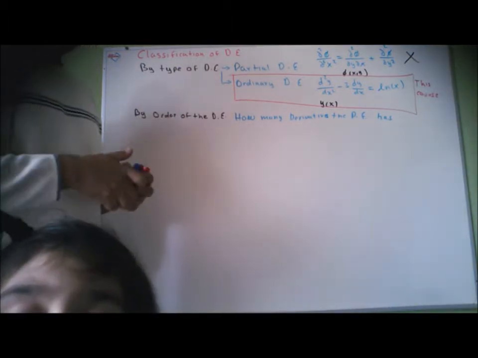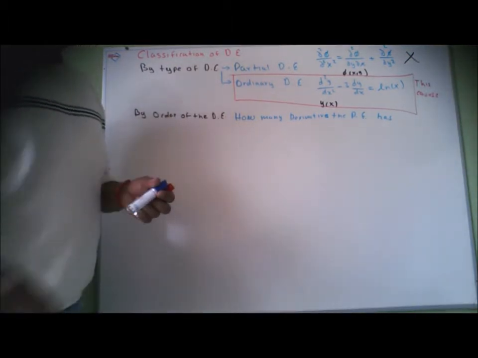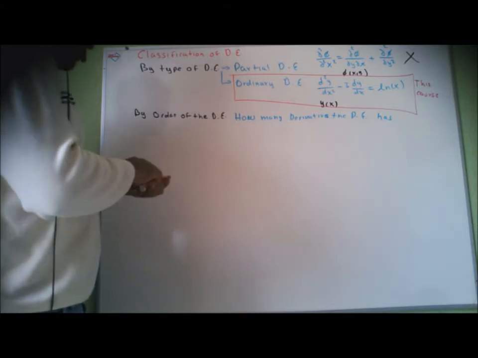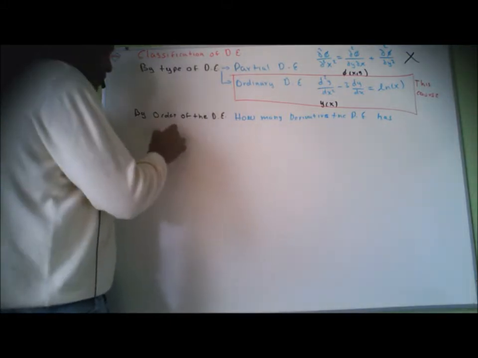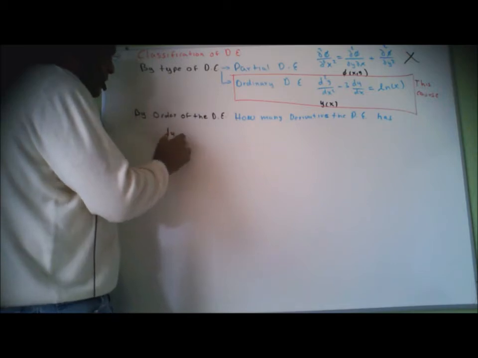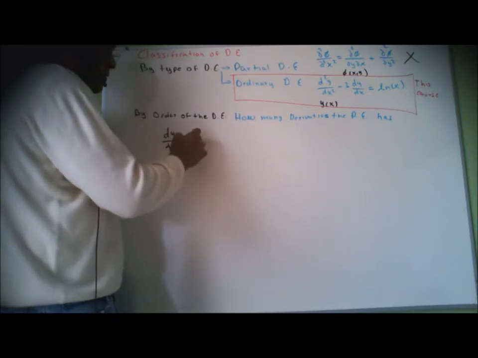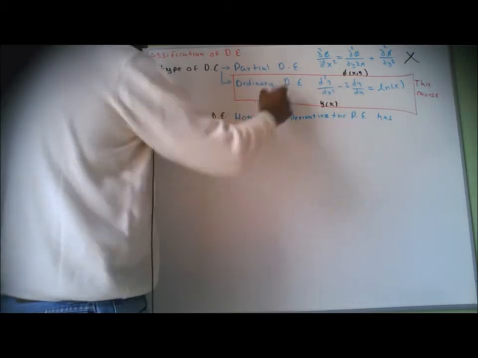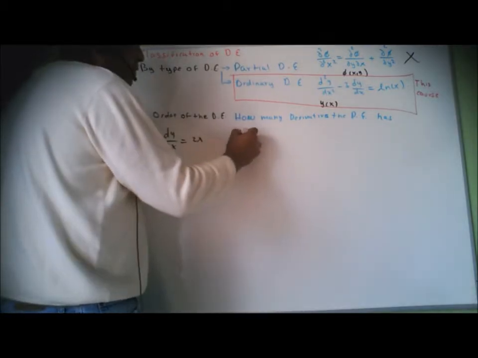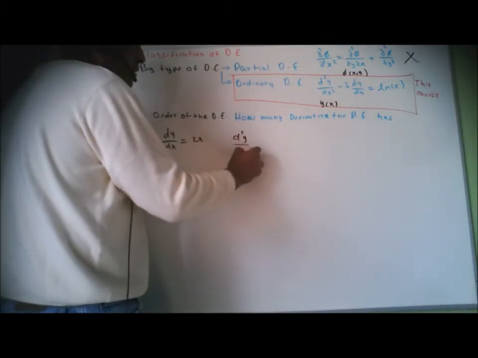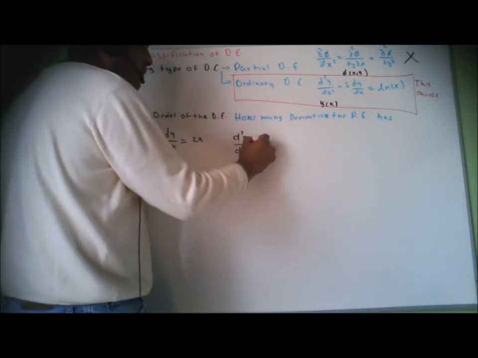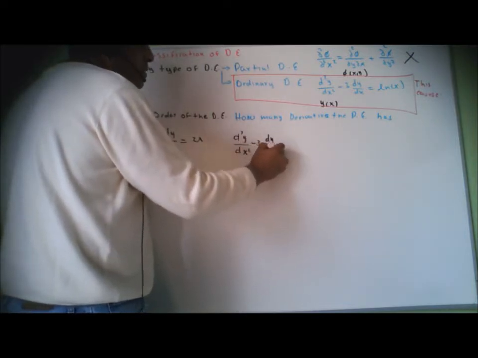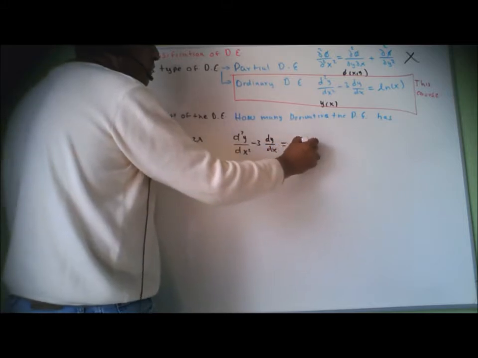Let's write some examples. For example, this one from the previous video: the derivative of y with respect to x equals 2x. Now this differential equation: the second derivative of y with respect to x squared, in this case minus 3 times the derivative of y with respect to x, equals the natural logarithm of x.